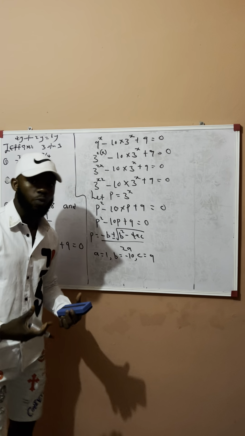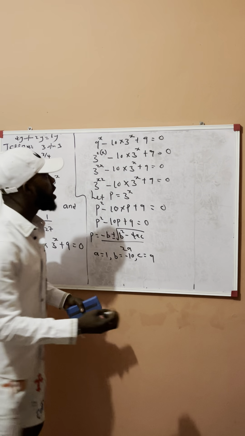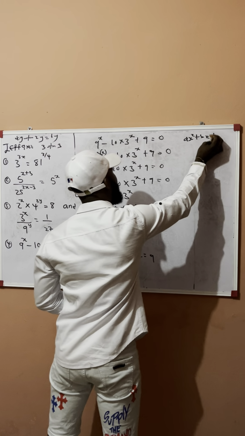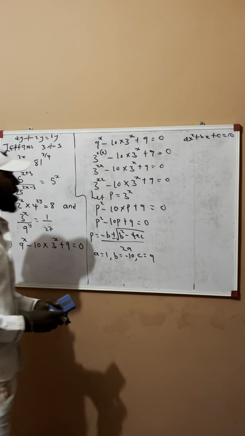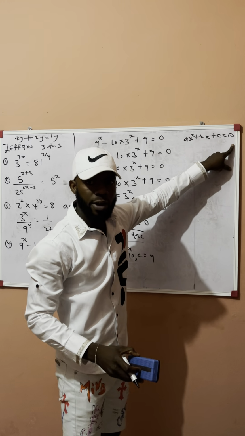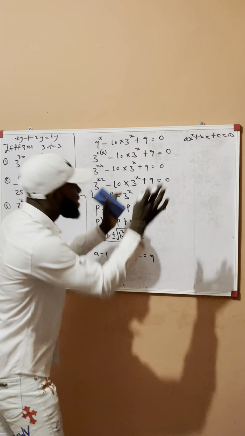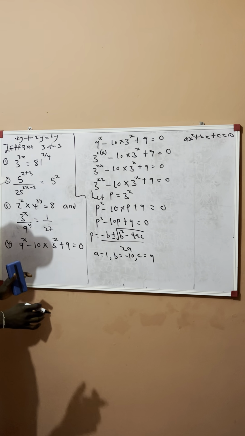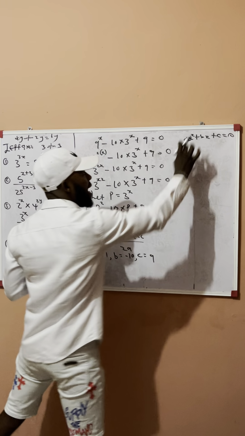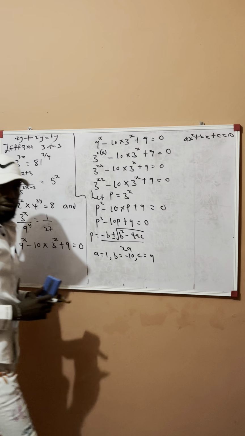Now, in quadratic equation, we have the general formula. The general formula is ax squared plus bx plus c is equal to 0. ax squared plus bx plus c equals to 0. Now watch me. Let us relate that formula to this math here. a simply means the number that x squared is carrying.